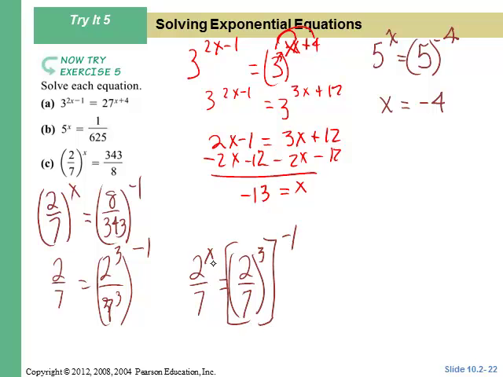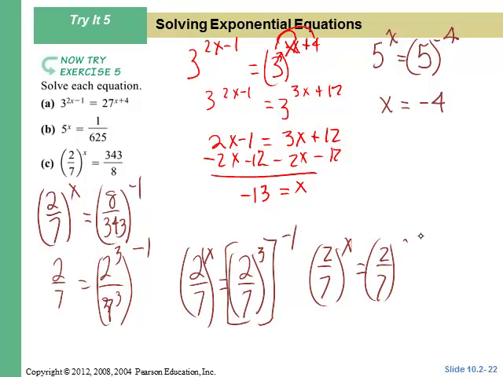This is x, by the way. So we get 2/7 to the x equals 2/7 to the negative third. X equals negative 3.